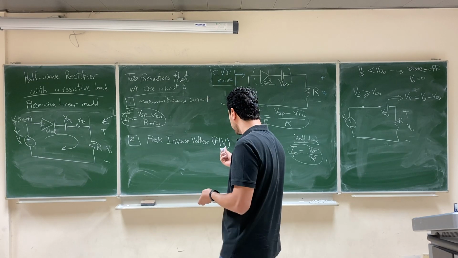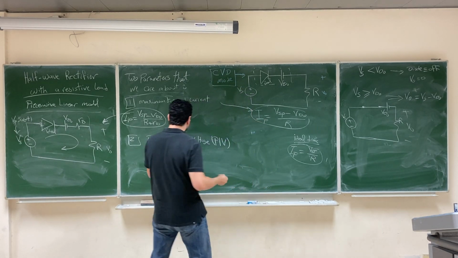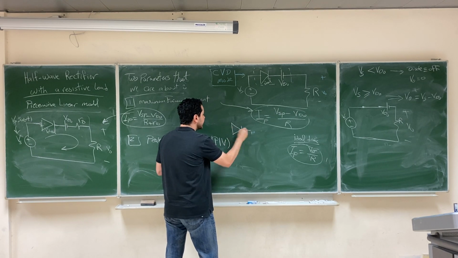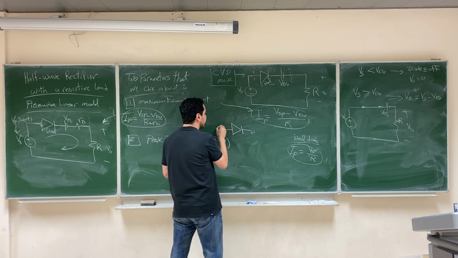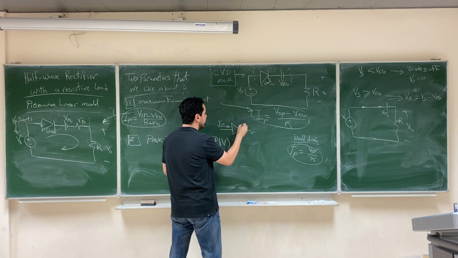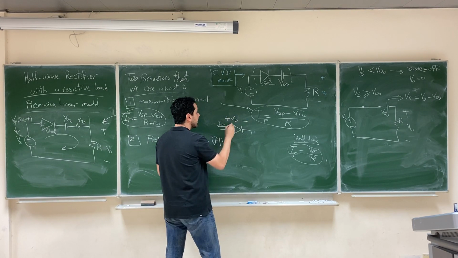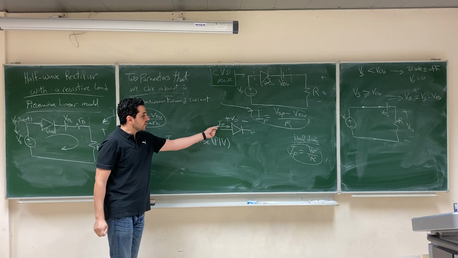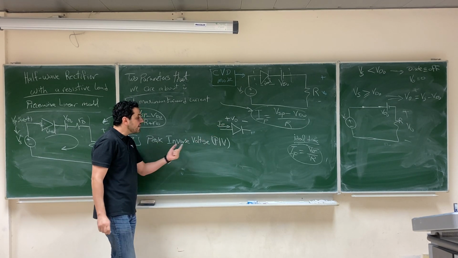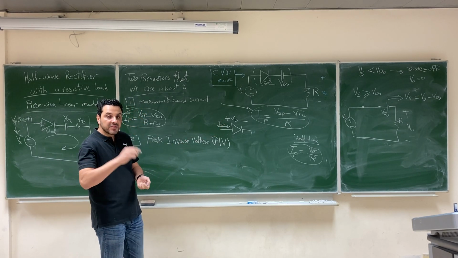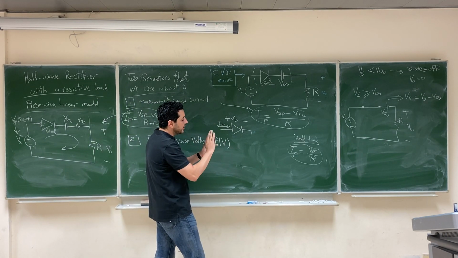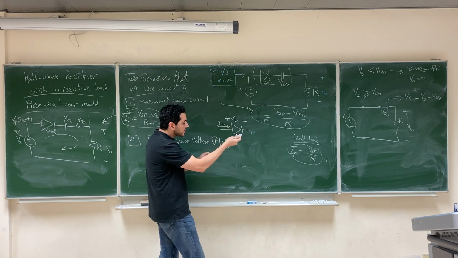So when we talk about the maximum inverse voltage, if this is our diode, usually this is the current of the diode, and this is the voltage of the diode, right? These are the conventional directions of the current and voltage of the diode. When we talk about the inverse voltage, it's the voltage of the diode in the reverse direction.